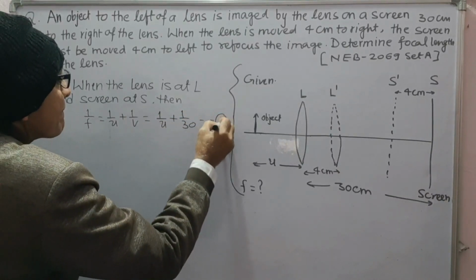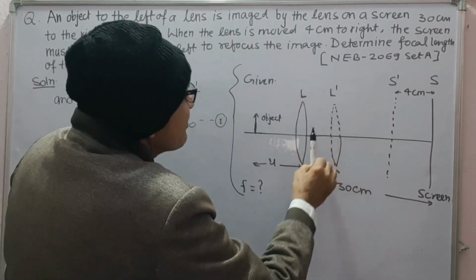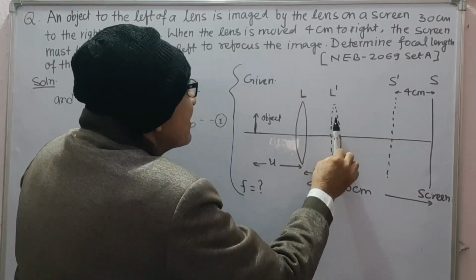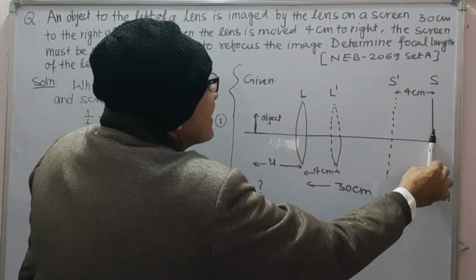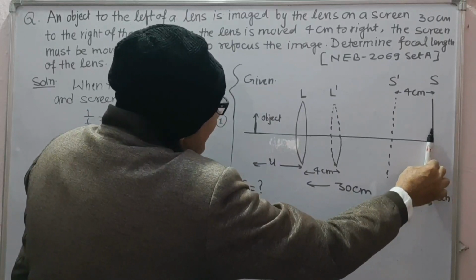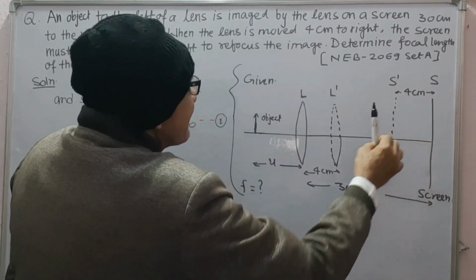This is equation 1. Now, the lens is moved 4 cm to the right, means this lens has been displaced to position L dash and screen S is displaced to position S dash, 4 cm left.